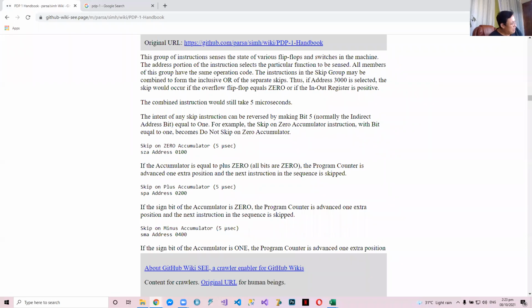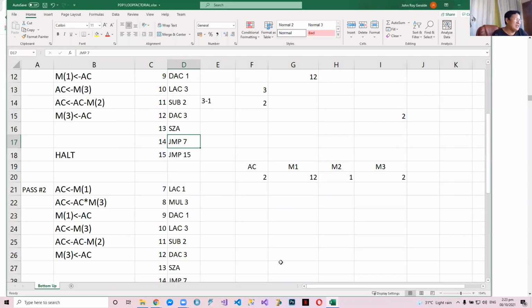We can't do anything about it. But the designers may have decided on this because in most cases, you will only skip one line. Do you follow? Because skipping several lines will complicate the code also. They have a reason why they did it. Because skipping several lines will complicate the code.